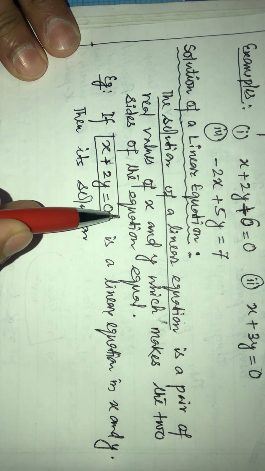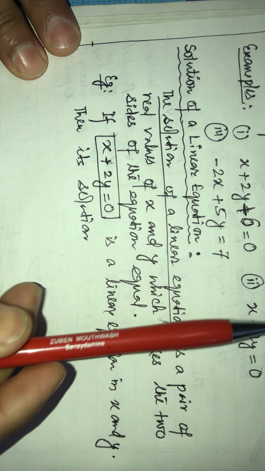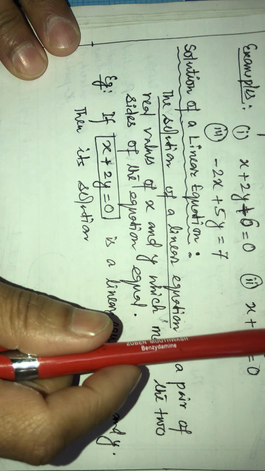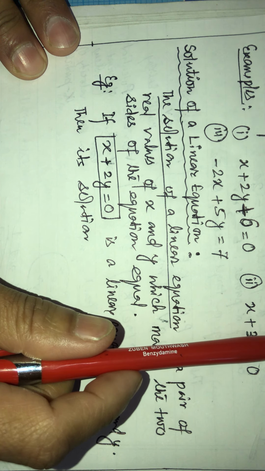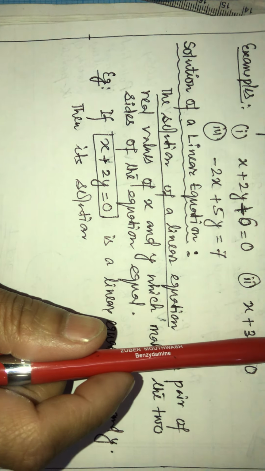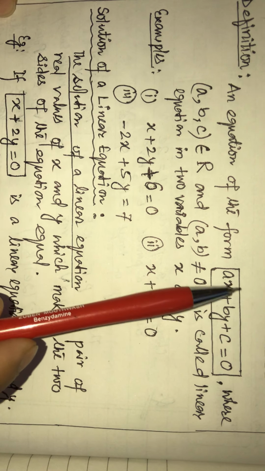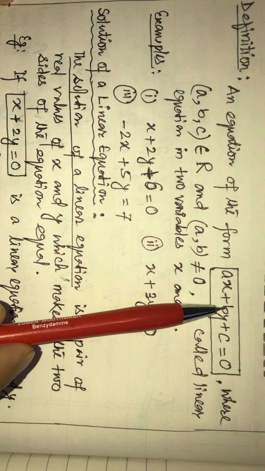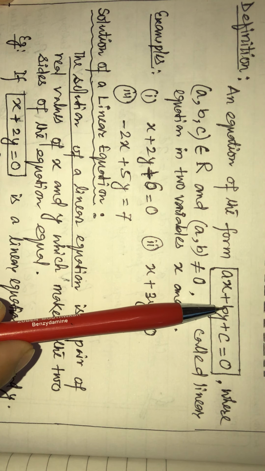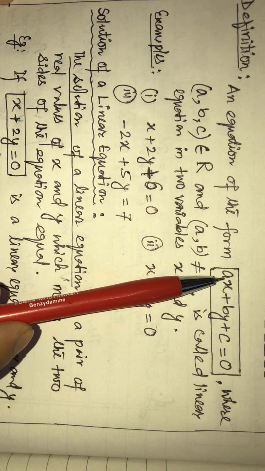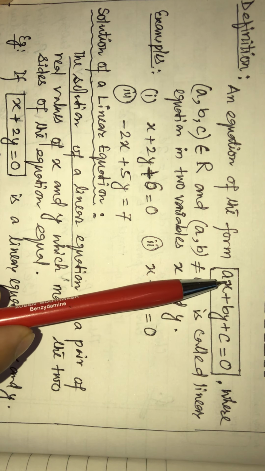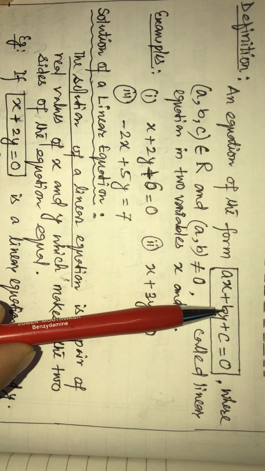But for such a linear equation, if you see here, a and b are not the same. That's why we keep a and b separately. Otherwise we could have used a and a, or b and b in both.